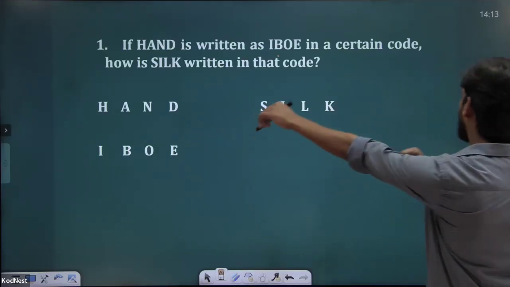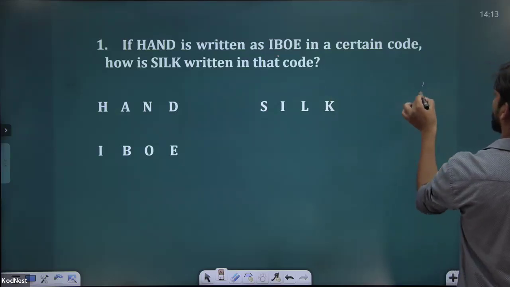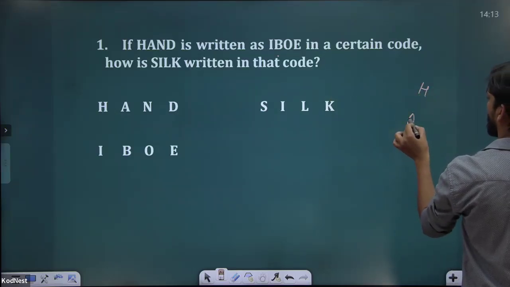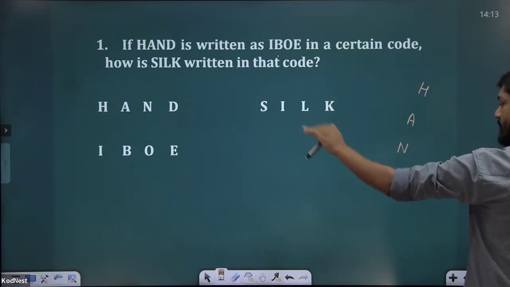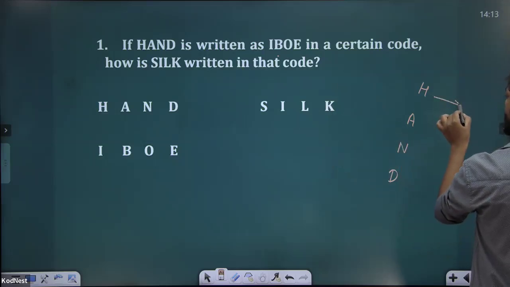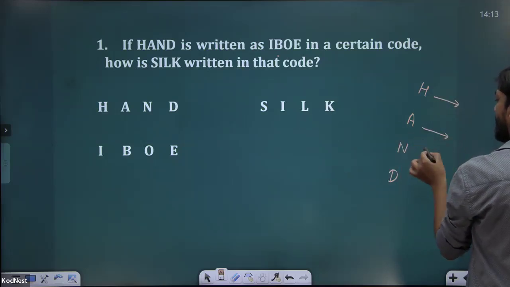So carefully see please, what is the concept? Four letters are there. In coding-decoding questions, every letter will have a code.